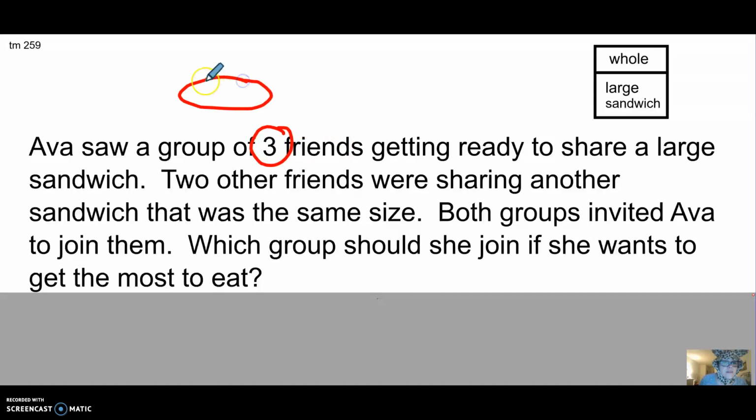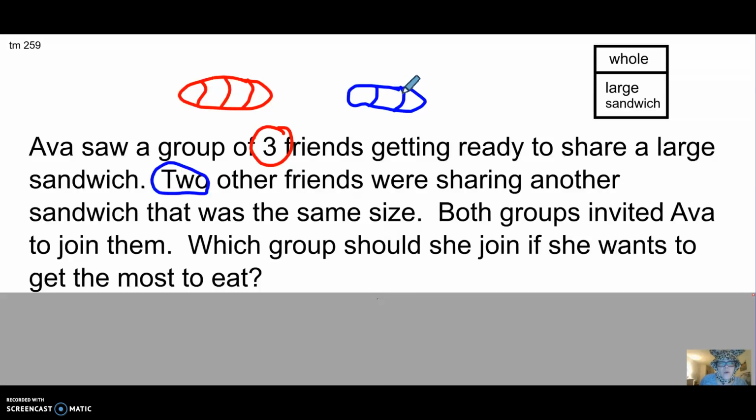So I'll need to divide my sandwich into 4 equal parts. Now in the second group, there were 2 friends. 2 friends plus Ava means that there would be 3 friends in total sharing this sandwich. So this sandwich will be divided into 3 equal parts.